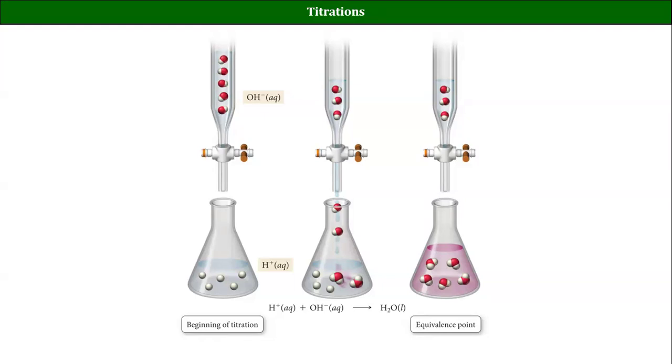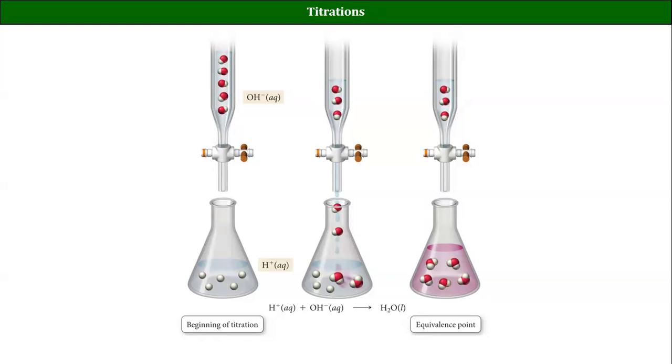How can we work backwards to figure that out? This is basically the opposite of what we just did, right? Instead of knowing some moles before and seeing what was left over, we're going to assume there's nothing left over. And if nothing's left over, we know that the moles of hydroxide is equal to the moles of HCl.